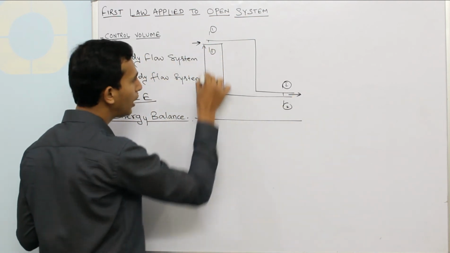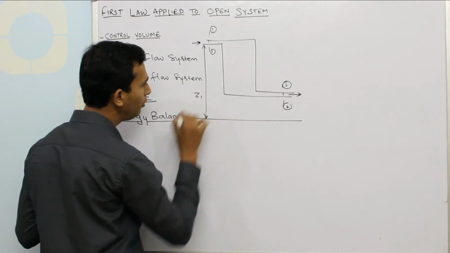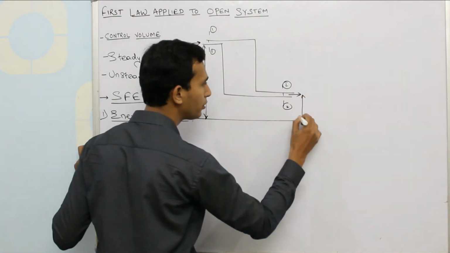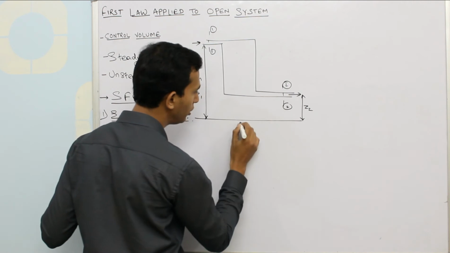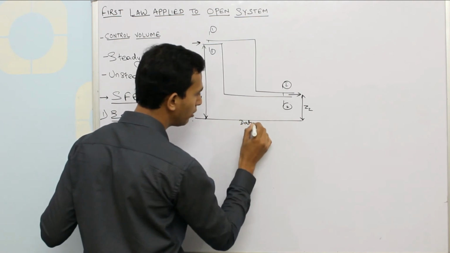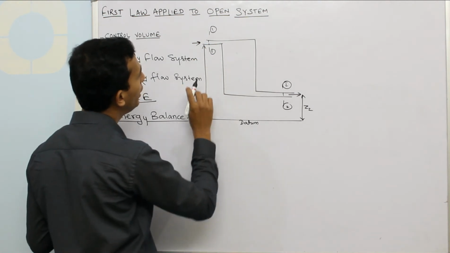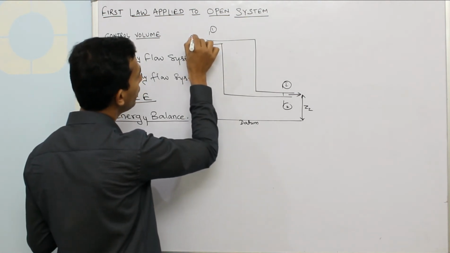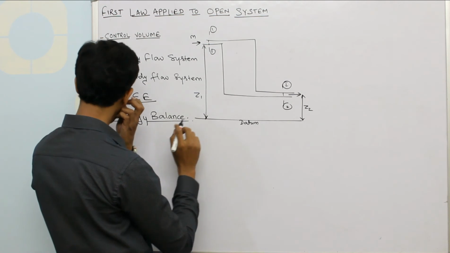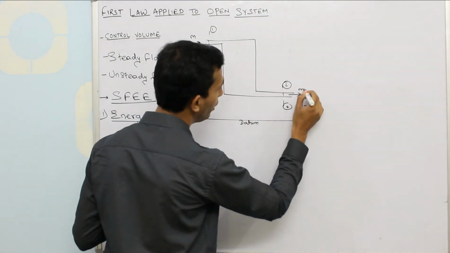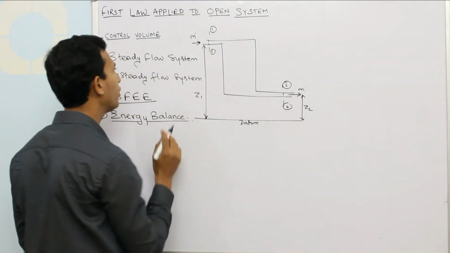Let us say this height is Z1 from the datum and this height is Z2 from the datum. Then here at this particular point, whatever mass is entering, let us say it is M, and here it is same M. M dot is a mass flow rate.